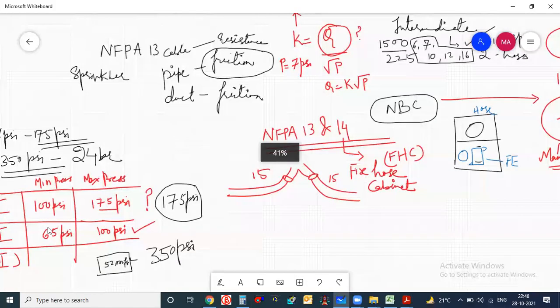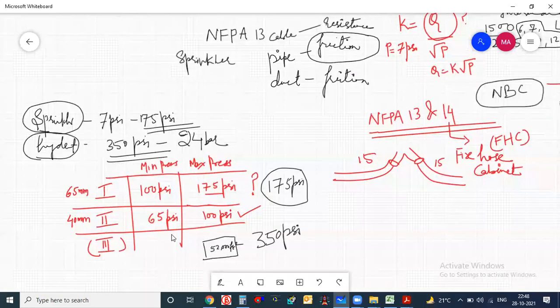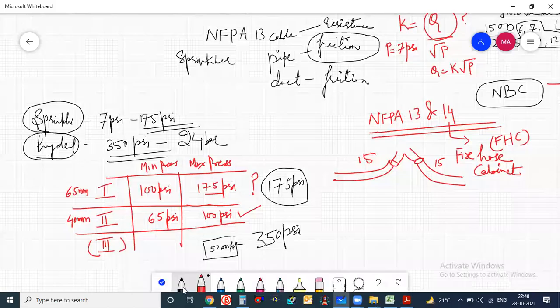If I am putting 65 psi, I will know that I am doing it for a 40 mm hose. The software will never understand whether you are doing it for a mist system or foam system. It is us who decide, and the pressure ranges are given separately. Just remember these pressure ranges.